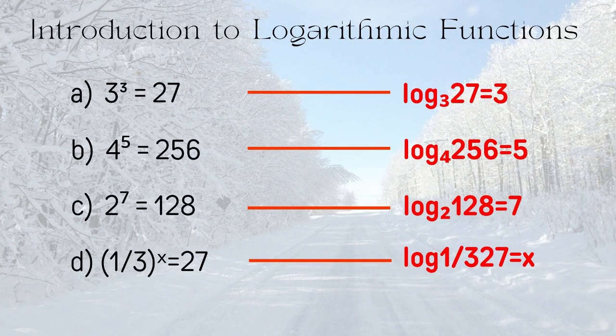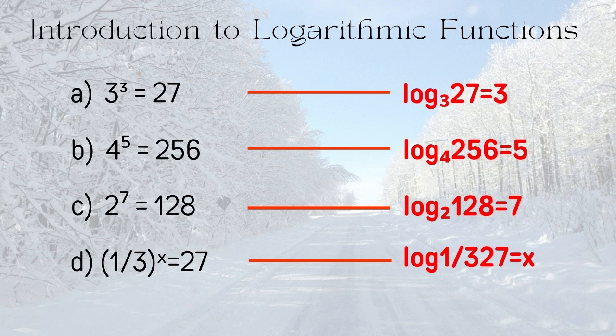So here are some examples of exponential functions converted into logarithmic functions. First, for a, we have 3 to the power of 3 is equal to 27. When we convert that into a logarithmic function, it can be rewritten as log 27 to the base 3 is equal to 3.